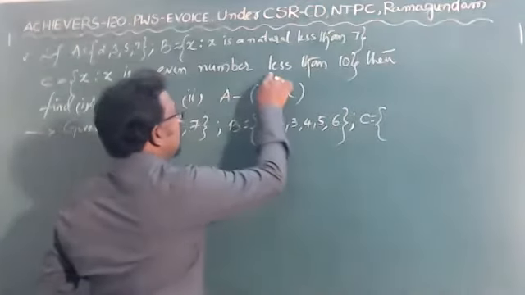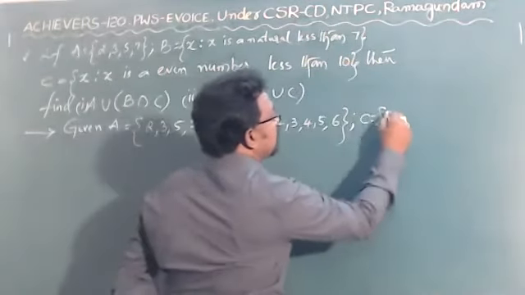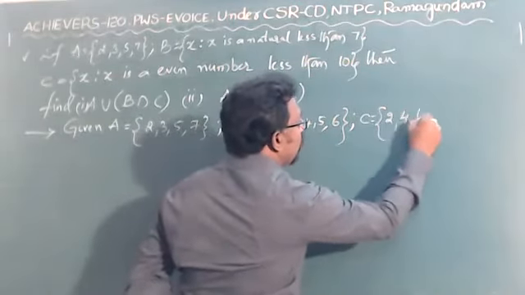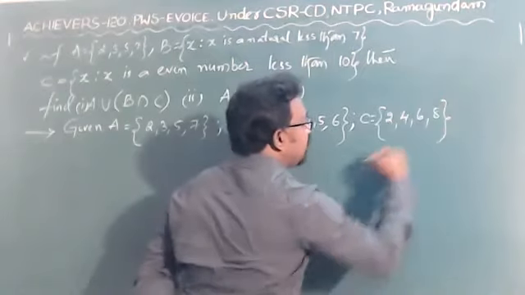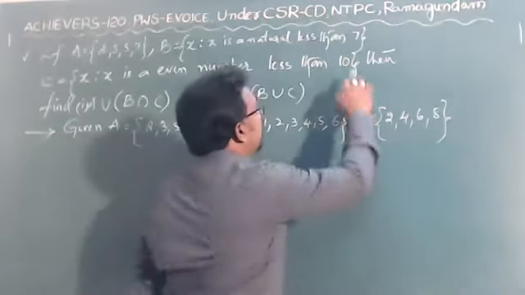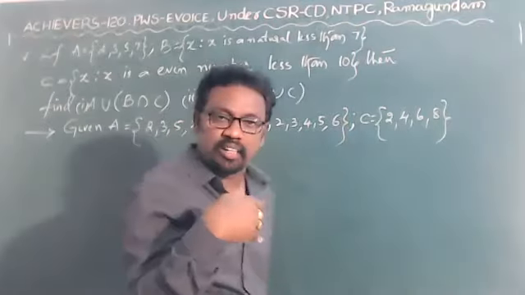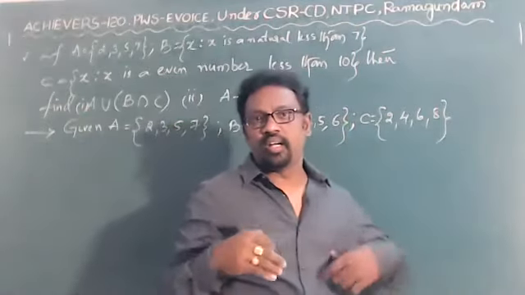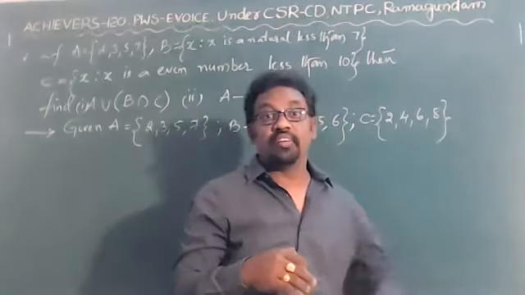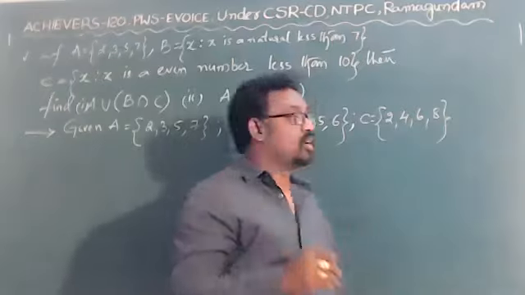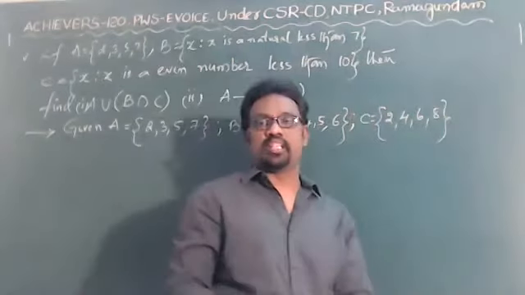What is the condition? Less than 10. You won't get 10 because it is less than 10. Less than 10 is up to 9, but 9 is not an even number. 8 is an even number.